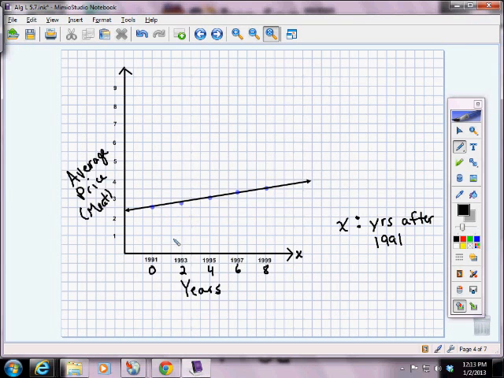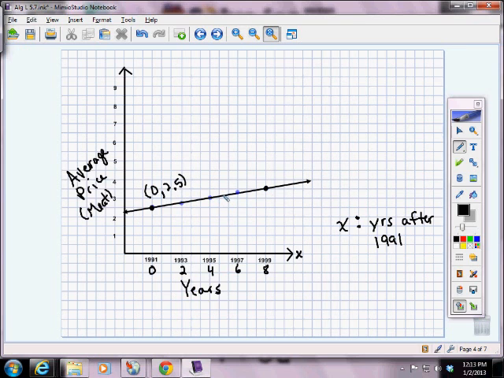So again, pick 2 points on the line. They can be any 2 points as long as they lie on your line. So if I look at my line here, I'm going to use this point right here, which is the point (0, 2.5), and again I call it 0 for 1991. And I think I will use maybe this point here.